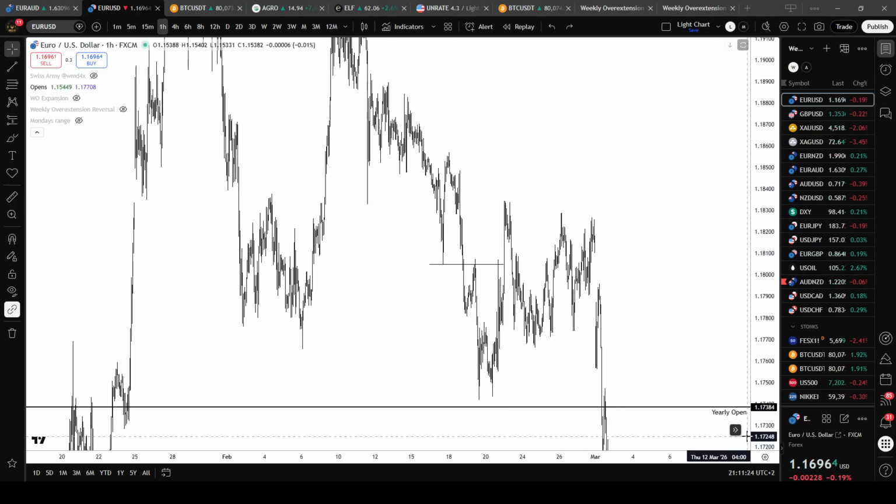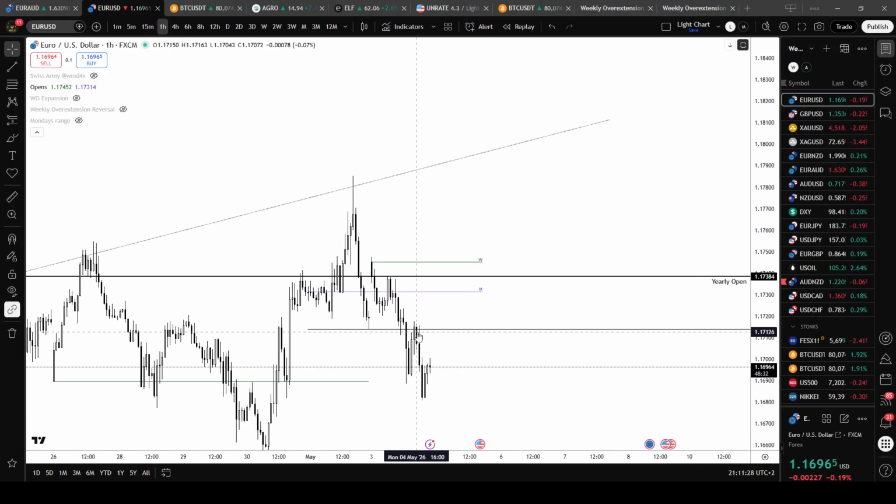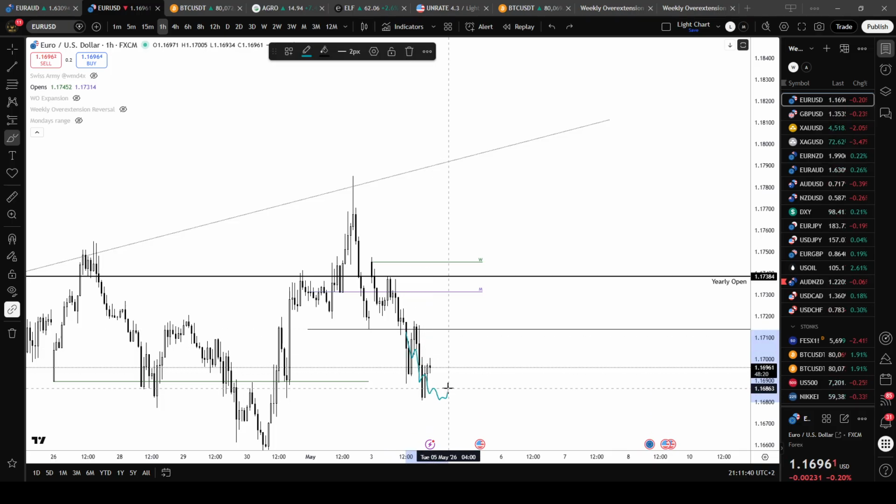We cannot do that right now because on the hourly we've already had that. So I would have much rather not have price test this level. Instead, the market just breaks lower, maybe consolidates here, does an explosive move, then you come in short there and expect it to move lower.